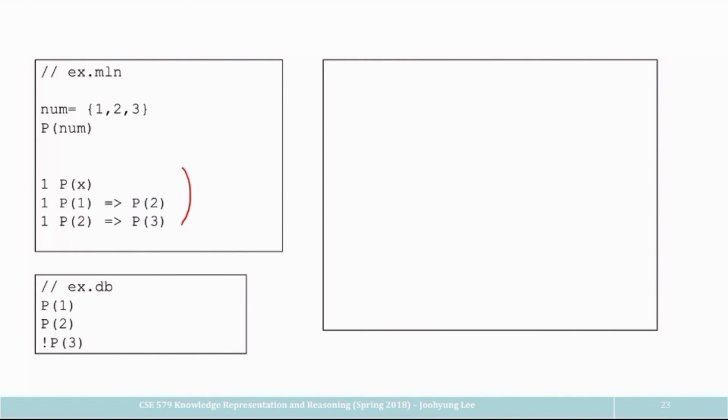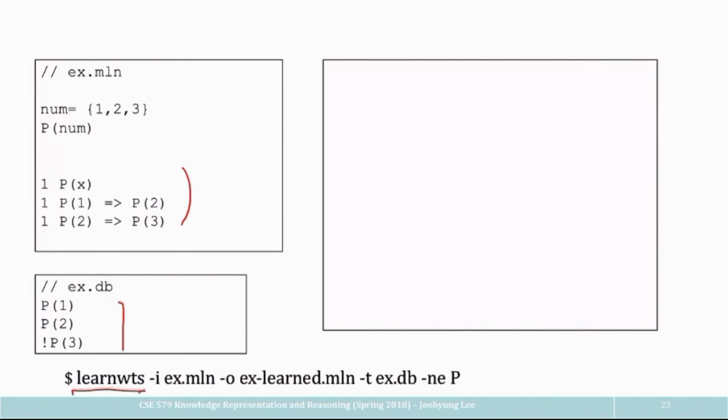So ex.db contains this interpretation. And now you're going to use this command line to compute the weight.